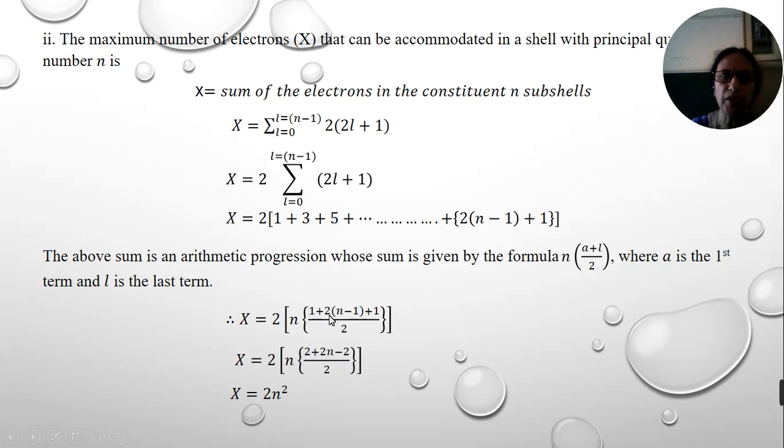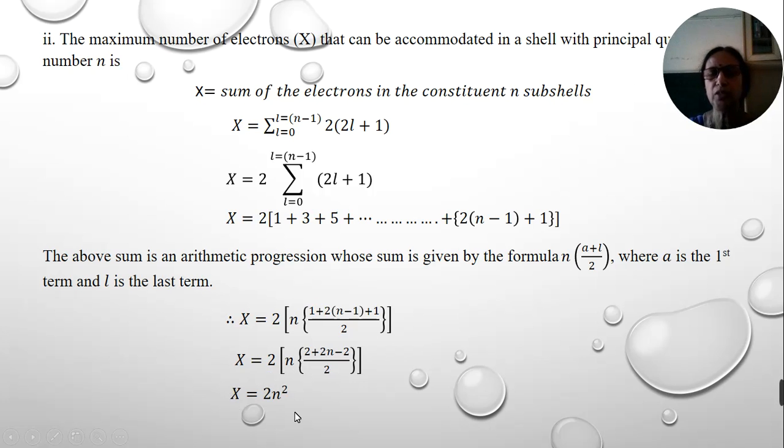Just open the bracket here. So 1 plus 1 becomes 2. Then 2n minus 2. Multiply this 2 in, open the bracket, 2 into n is 2n, 2 into 1 with the minus sign, written minus 2. This 2 gets cancelled, 2n by 2, and again this 2 gets cancelled, simply n within the bracket here. So overall it becomes 2n square.